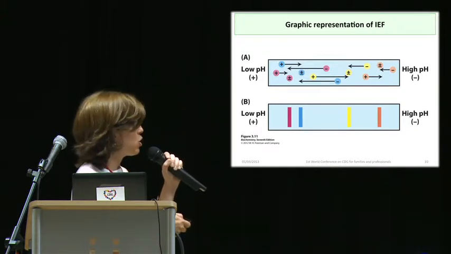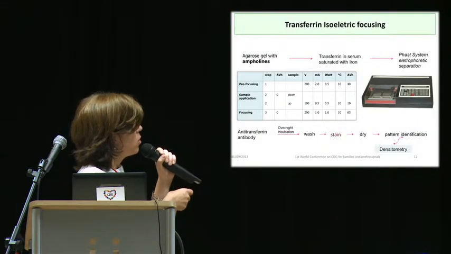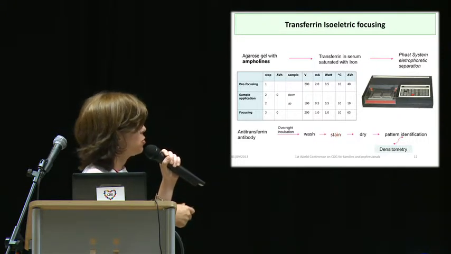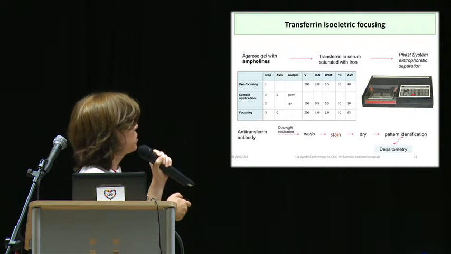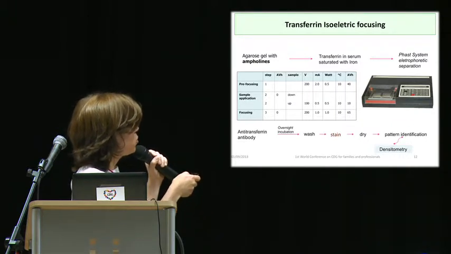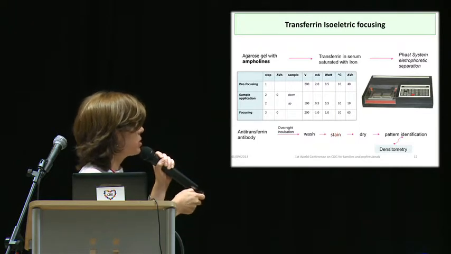This is a scheme in which I explain the procedure for transferrin isoelectric focusing. We begin by preparing the gel with those small molecules that create a pH gradient.